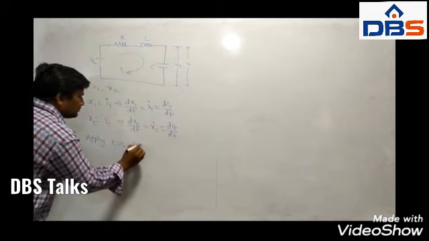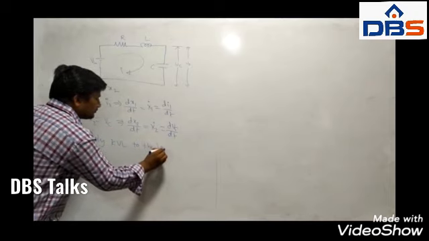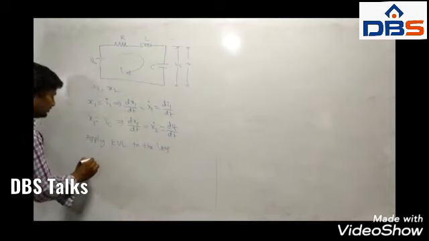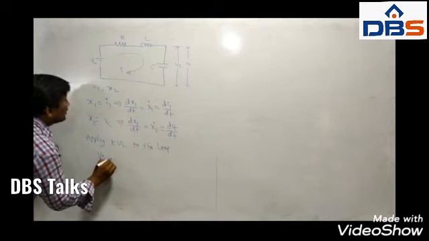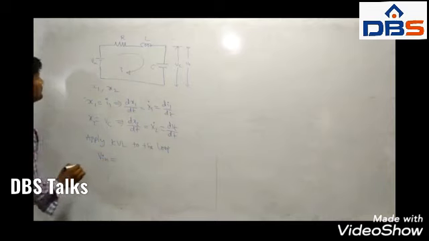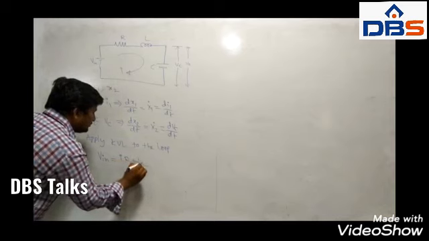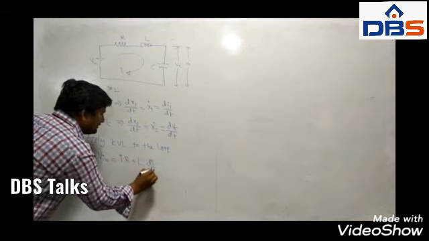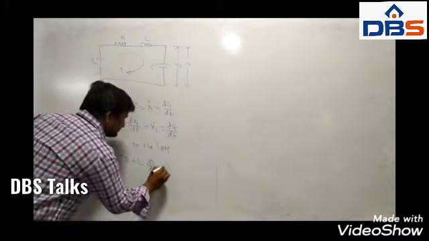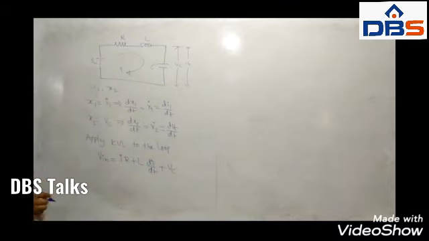Now apply KVL to the loop. VIN equals I into R plus L into di by dt plus the voltage across the capacitor Vc.